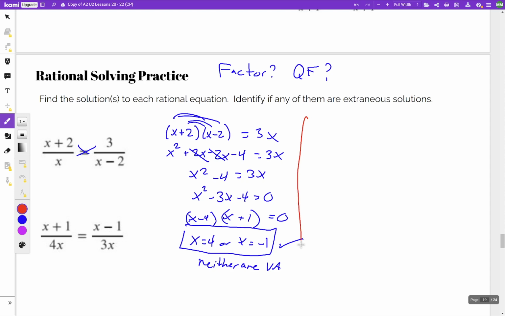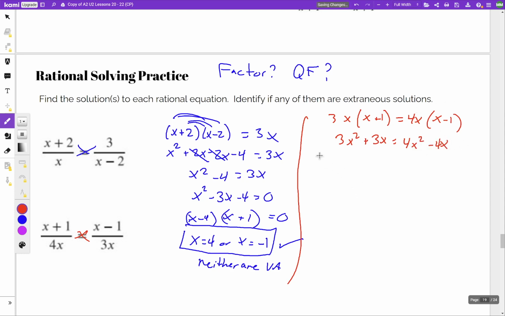I'll just do it on this side. So let's cross multiply. We get 3x times x plus 1 equals 4x times x minus 1. All right. 3x squared plus 3x equals 4x squared minus 4x.